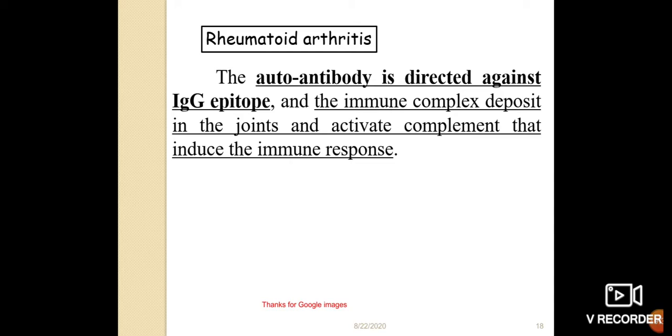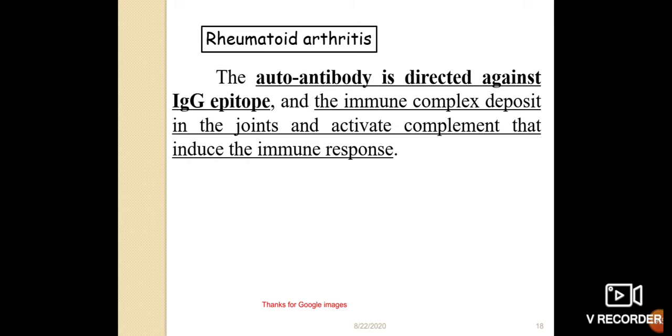In systemic lupus erythematosus, there is spontaneous destruction of the cells and spontaneous release of the DNA, and this results in spontaneous production of autoantibodies against the double-stranded DNA.